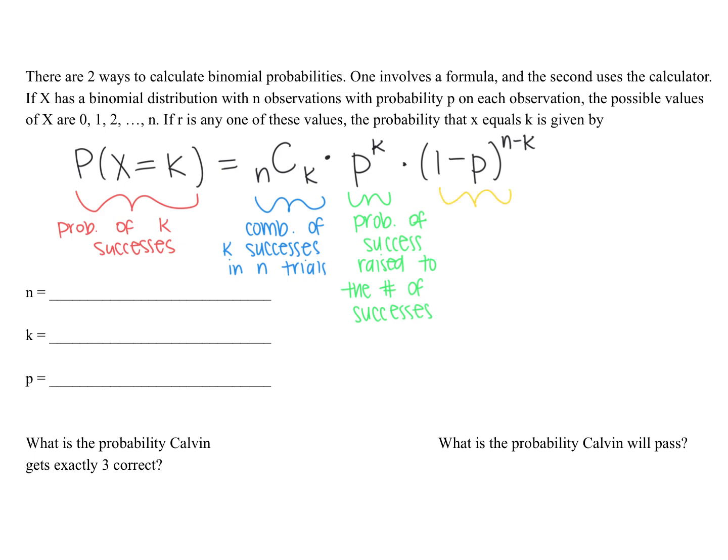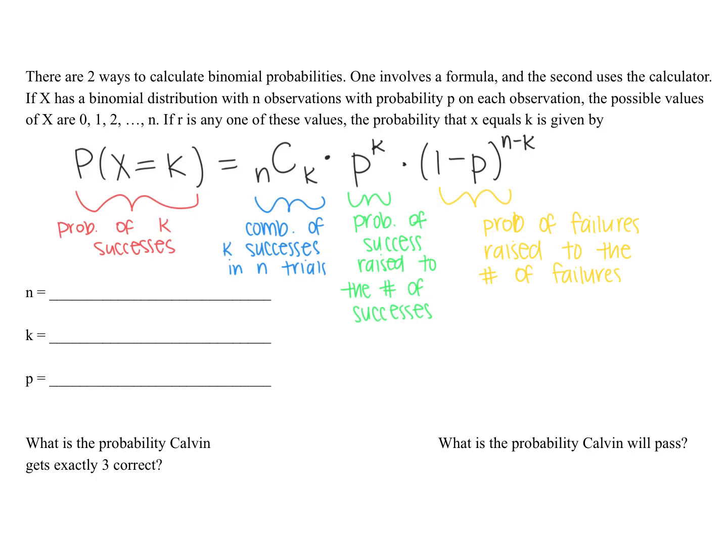And then 1 minus P to the N minus K is your probability of failures raised to the number of failures, which is where the N minus K comes from. That's our number of failures.